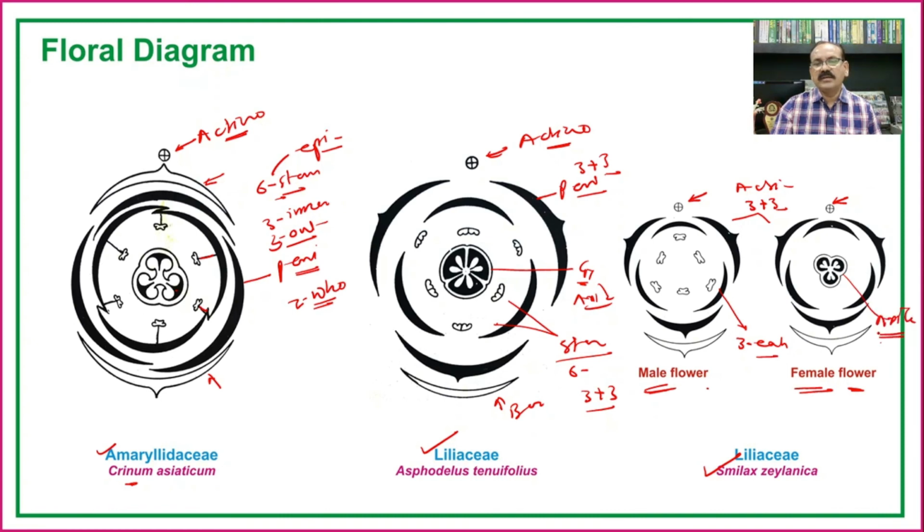So, this is the difference between the male and the female flower in the case of Smilax, and the only difference is the presence and absence of the male and the female reproductive organs in the male and the female flower.